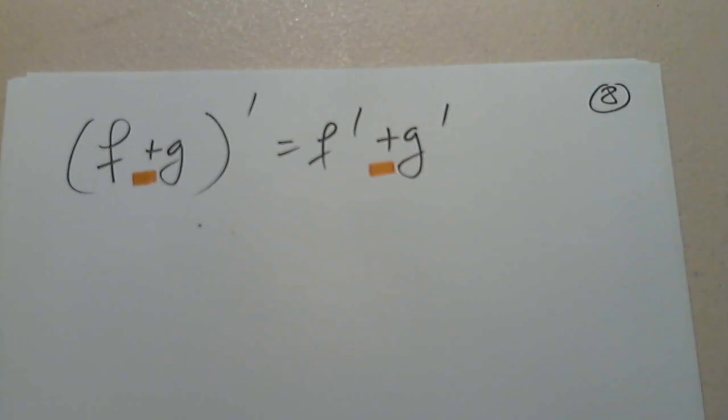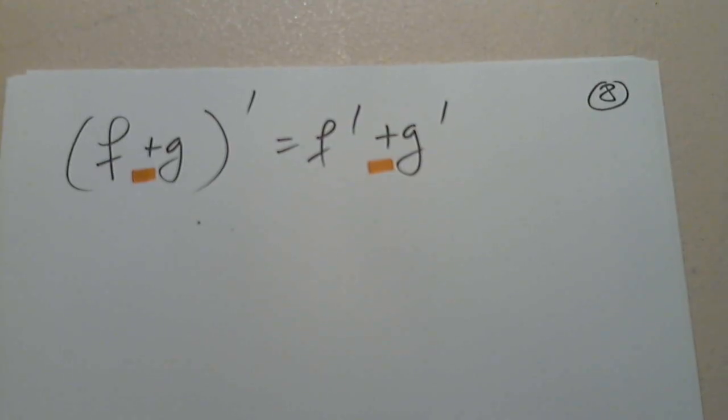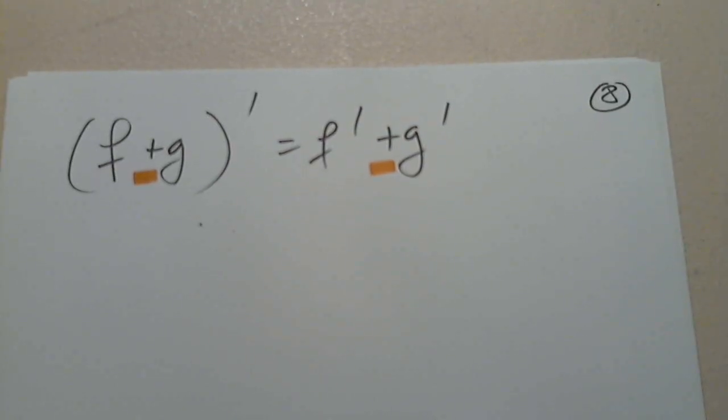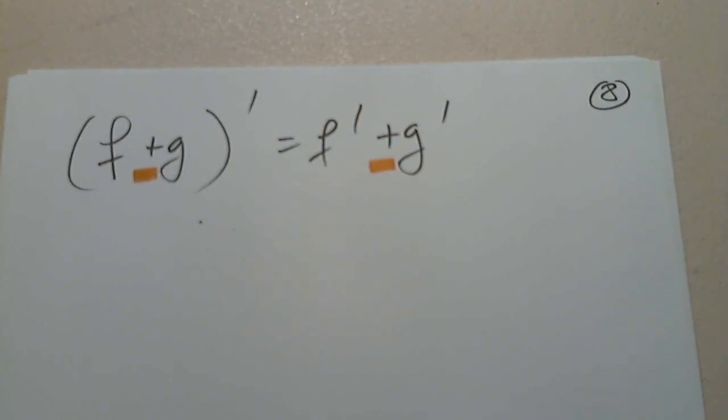So this is the second rule, when we add and subtract functions, and we want to determine the derivative. Okay, of course, some of them are just extensive.